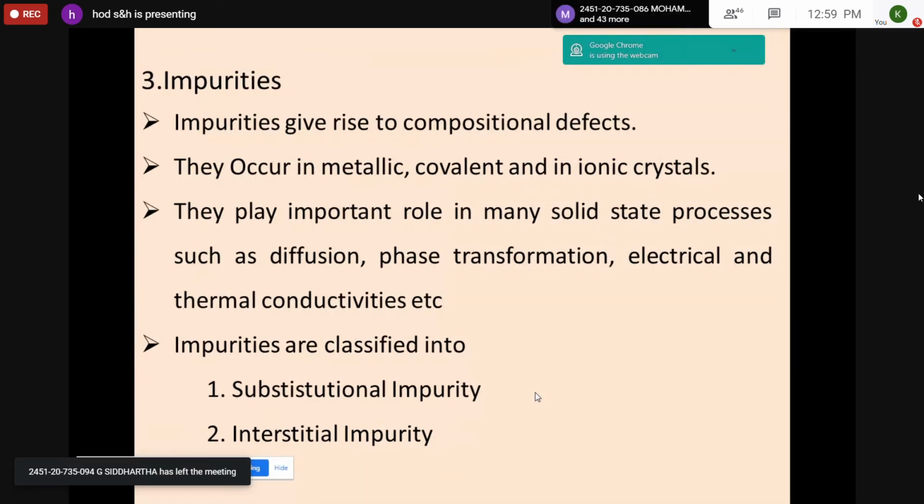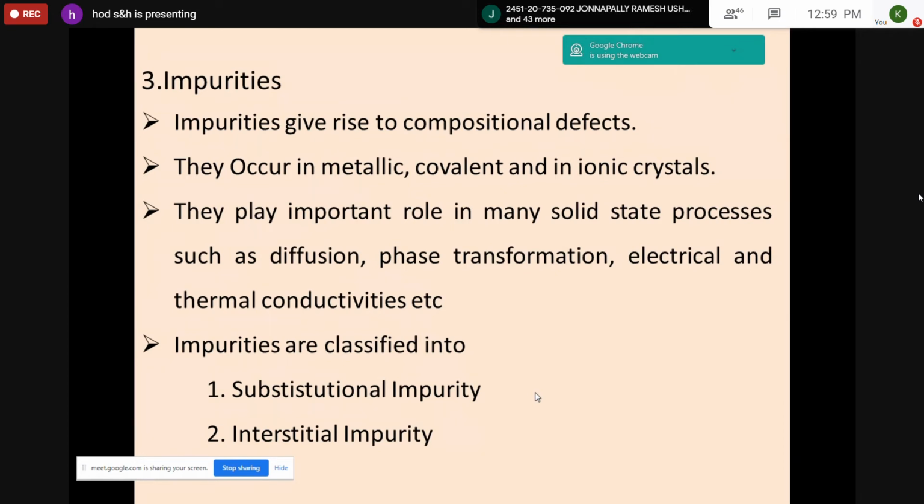Let us take an example: an NaCl crystal. You should have sodium and chlorine atoms or molecules. But suppose some magnesium or some other element is present in the given NaCl, then it is called a compositional defect or impurity, which does not belong to that particular crystal. A foreign element or foreign atom present in a given crystal is called an impurity, and it gives rise to certain compositional defects.